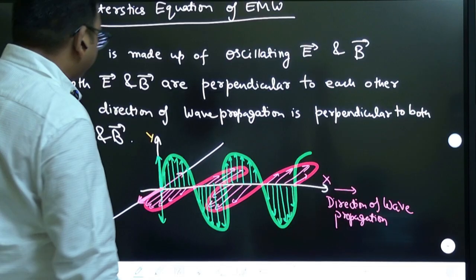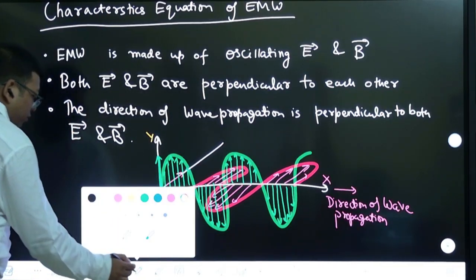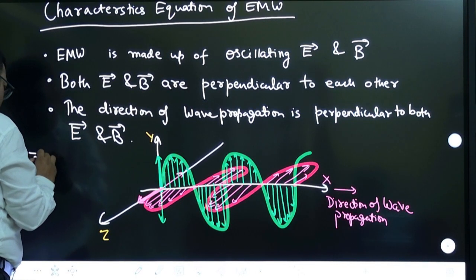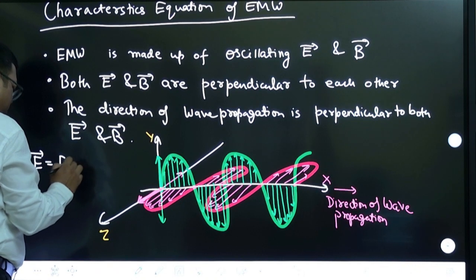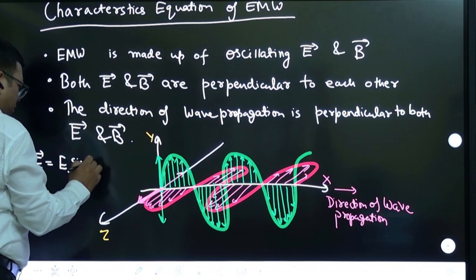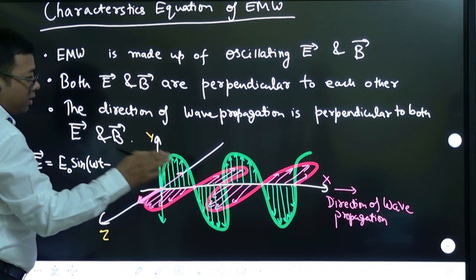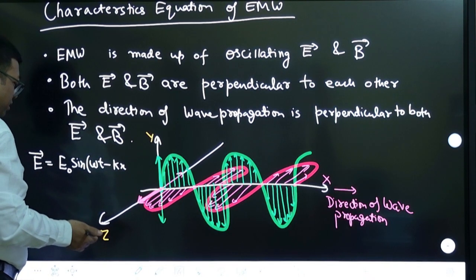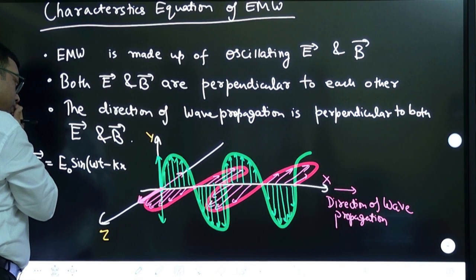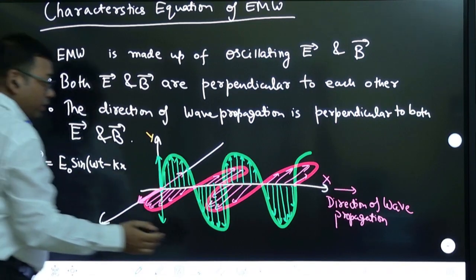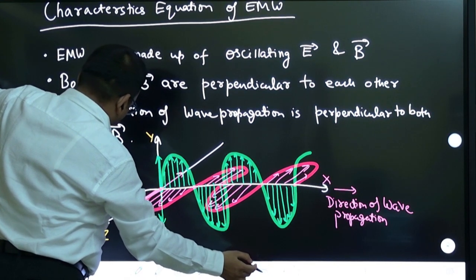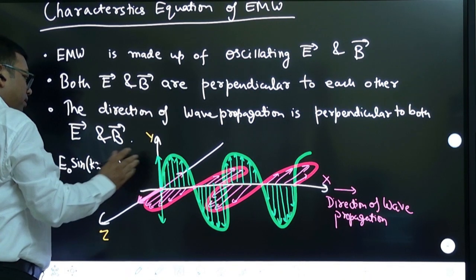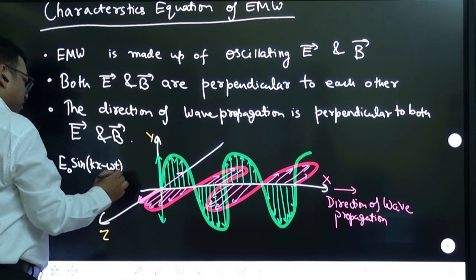Now I will write the vector equation for this. The electric field equation will be E = E0 sin(ωt − kx), since it is going along the x-axis. Some textbooks may write kx − ωt. The electric field is along the y direction, so we put j cap.